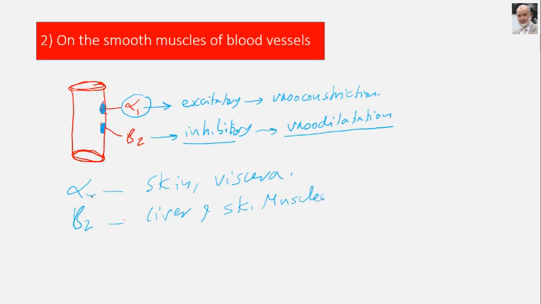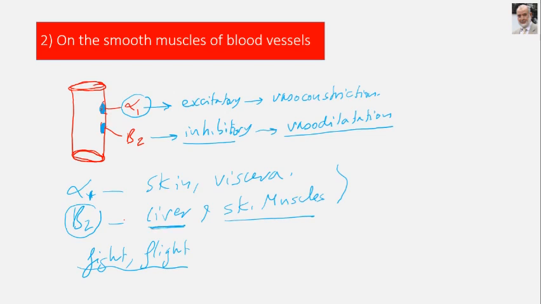And this is logical because when the sympathetic system is activated in cases of fight or flight, when the person is exposed to any type of stress, he needs more blood supply to the liver and the skeletal muscle.